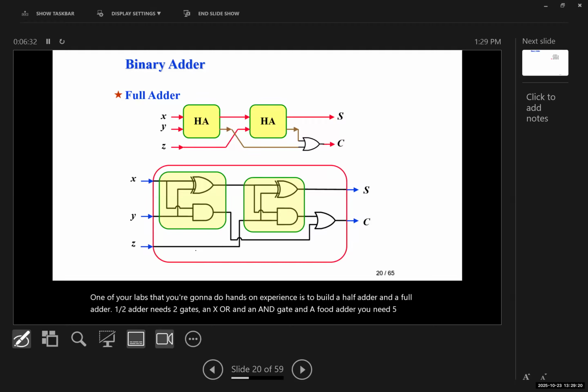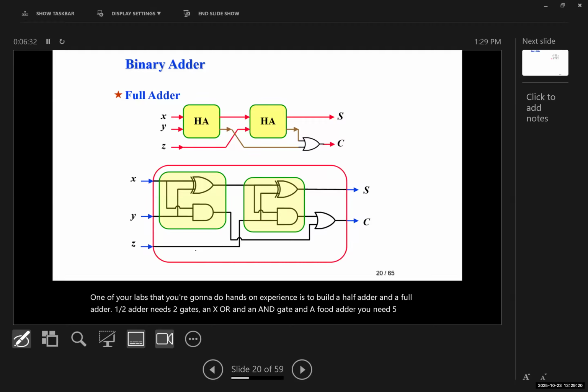Now, let's just check this. Let's say the number Y is 1, 0, 1, 1. So Y0 is 1, Y1 is 1, Y2 is 0, and Y3 is 1. Now, what happens if M is 0? First of all, C0 would be 0, so we don't add anything to it.